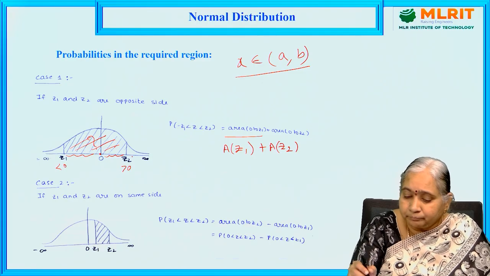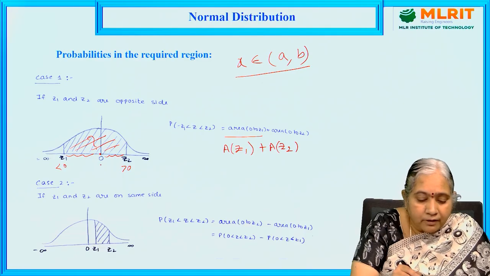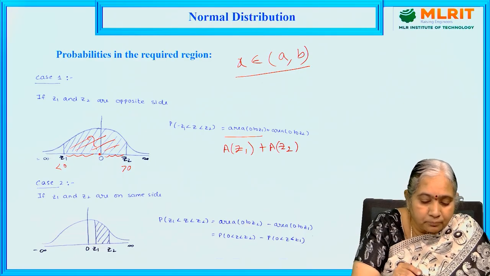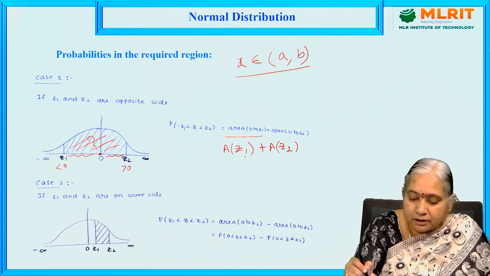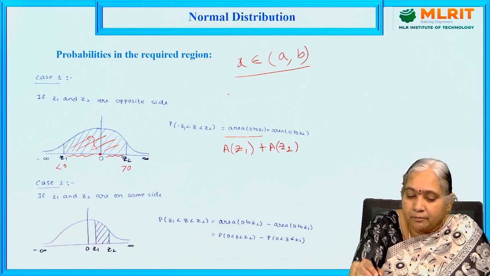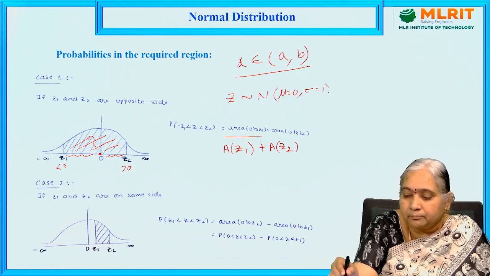So here, always we take the probabilities from 0, that means mean 0. Standard normal variable Z also follows normal distribution with mean 0 and standard deviation 1.